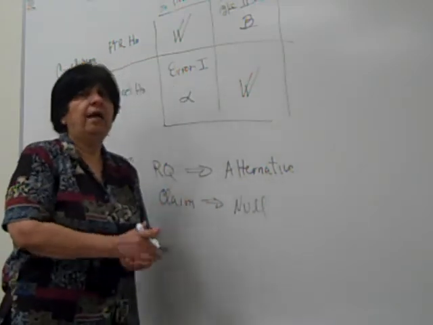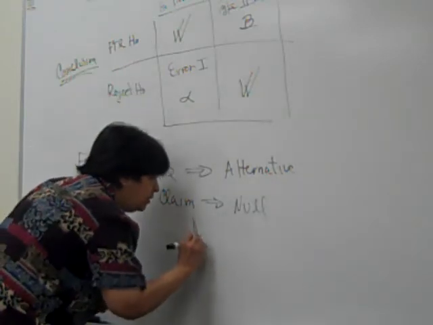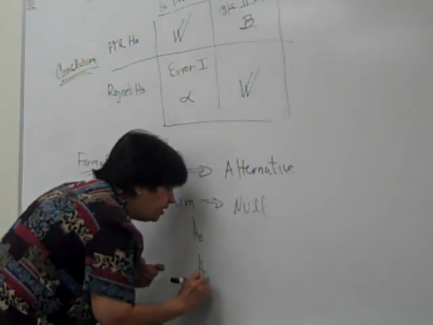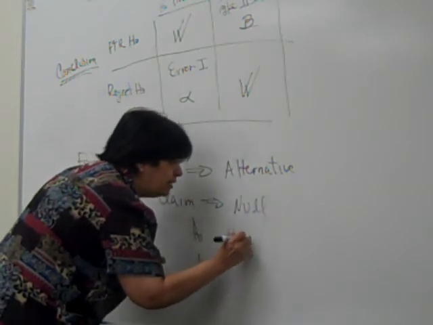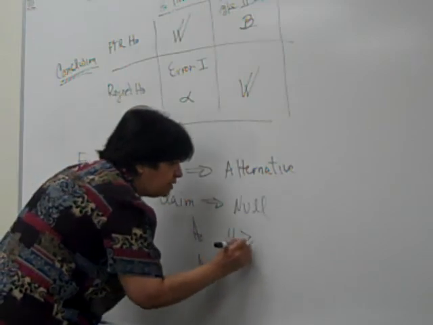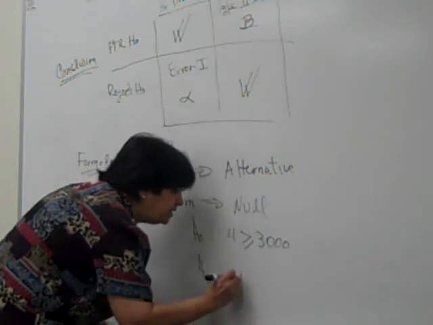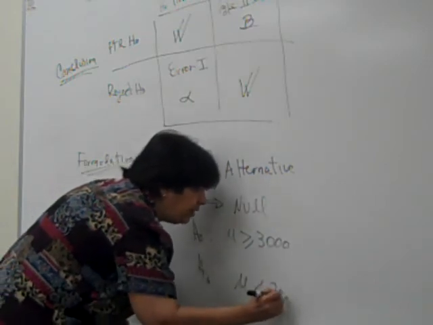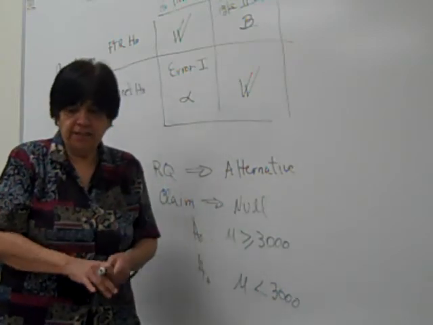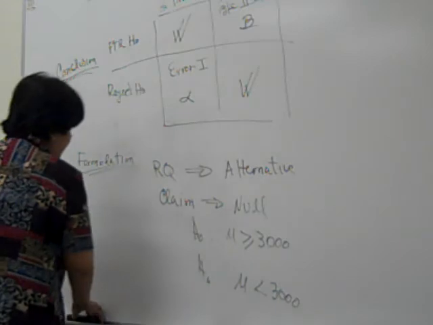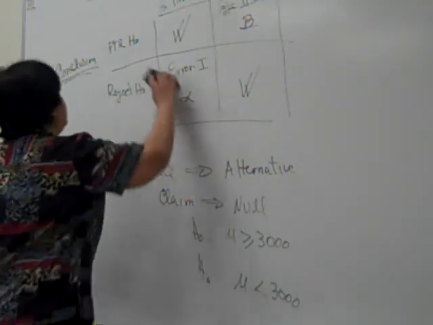So let's say my light bulbs last at least 3,000 hours. It's a claim, so it goes in the null hypothesis. We say mu is greater or equal than 3,000 against the alternative that it is less than 3,000. So what we want to prove is that the claim is false. This is the way that the formulation of the hypothesis should take place.